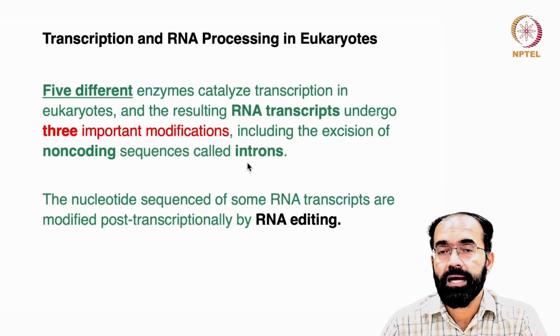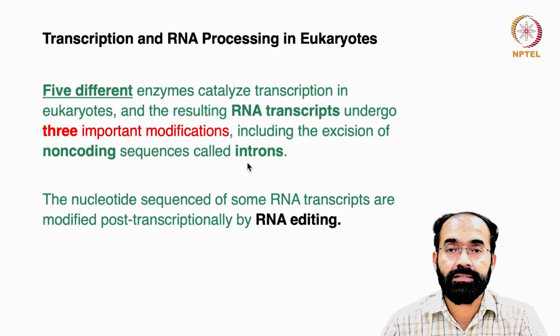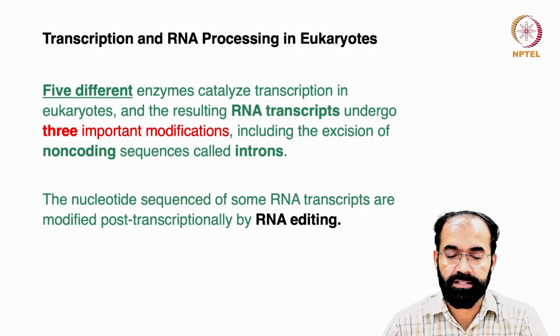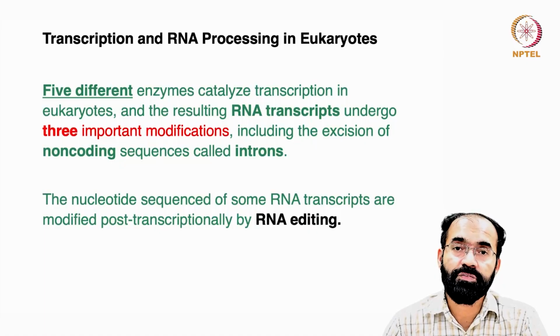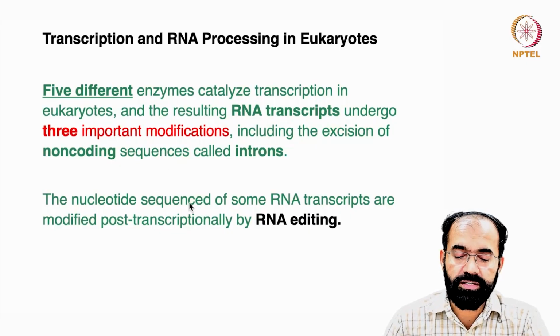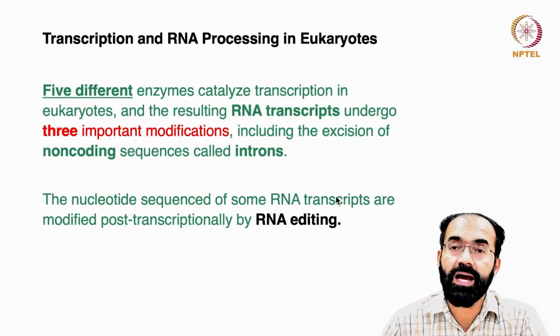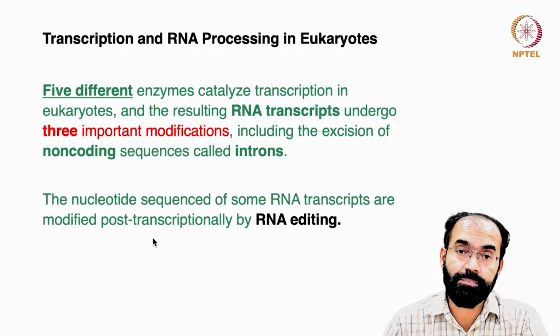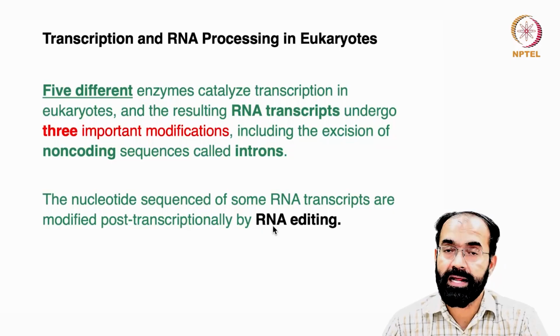So this RNA production is controlled by different types of polymerases. There are at least five different RNA polymerases in eukaryotes. The nucleotide sequence of some of the RNA transcripts is modified post-transcriptionally by a process called RNA editing.